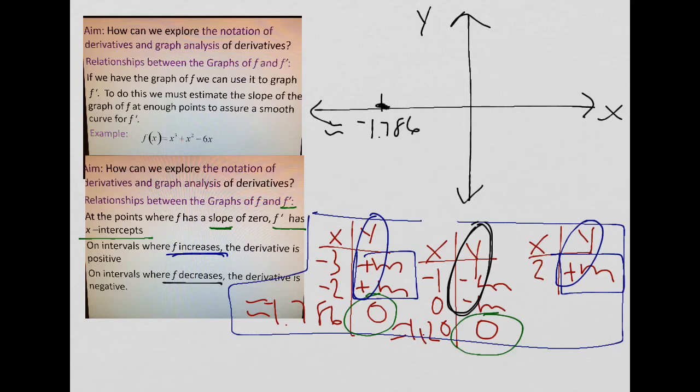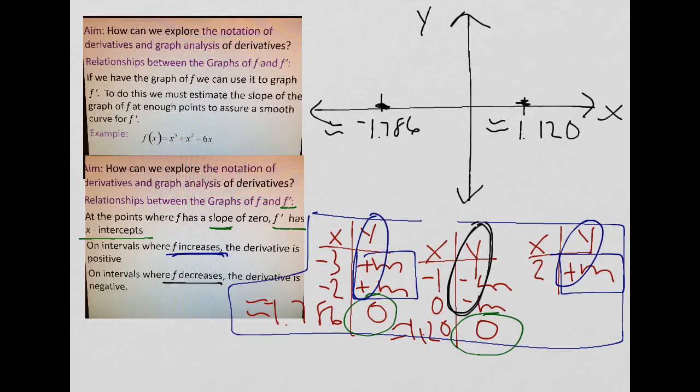It's a 0. And at about 1.120. I kind of wrote the decimal place in the wrong spot. Okay, so those are our zeros.